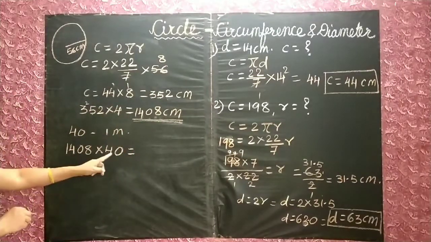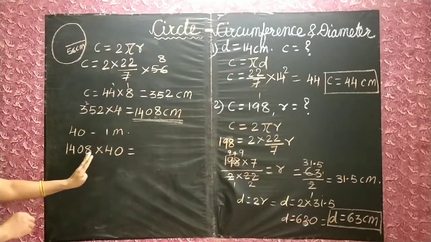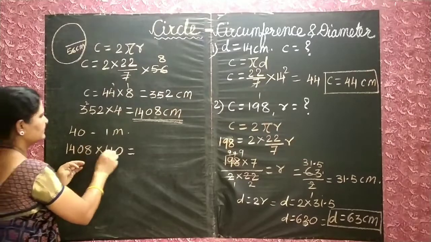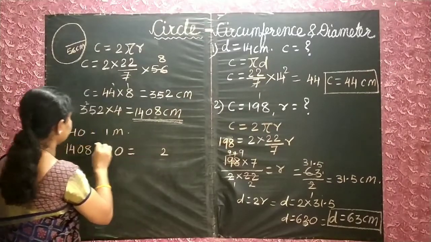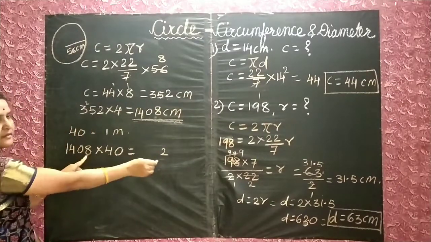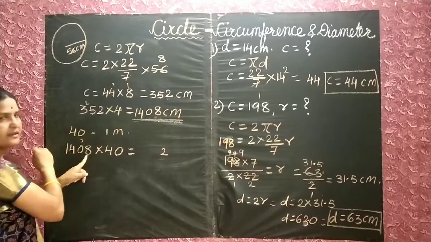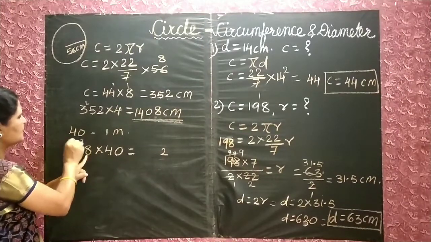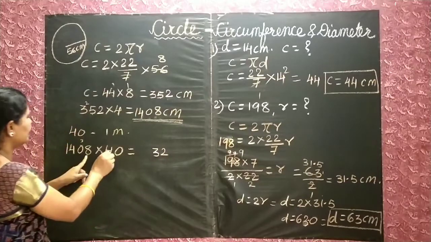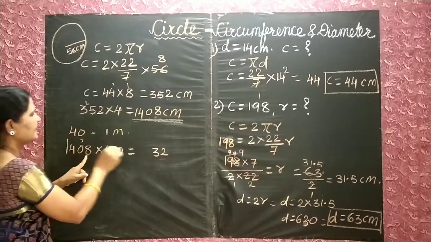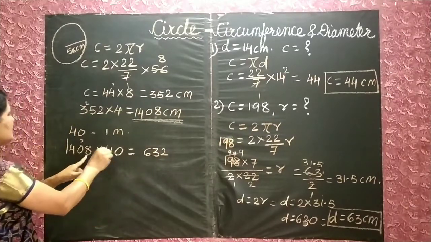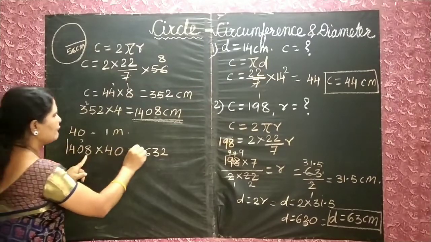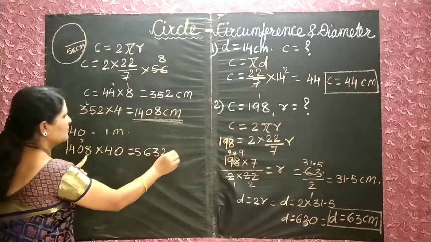So put this 0 aside. We'll multiply this by 4 only. 4 eights are 32, 3 carry. Then 4 zeros are 0 and 3 makes 3. Again 4 fours are 16, 1 carry, 6. Then 4 ones are 4 and 1 makes 5, and put this 0.